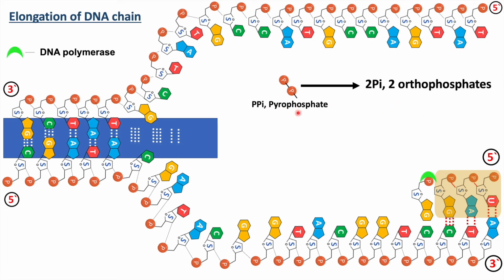When pyrophosphate is converted into two orthophosphates, it releases energy, and this energy is then utilized to form the phosphodiester bond between the phosphate group of this nucleoside and the hydroxyl group on this sugar molecule.